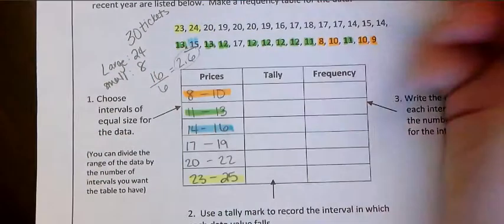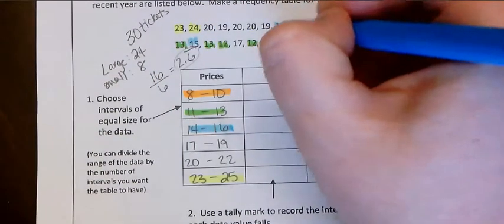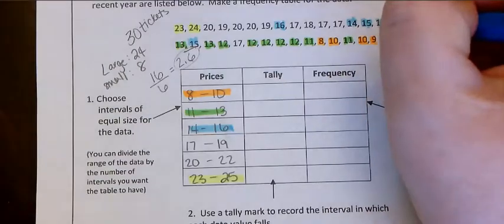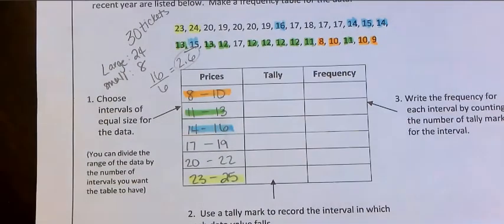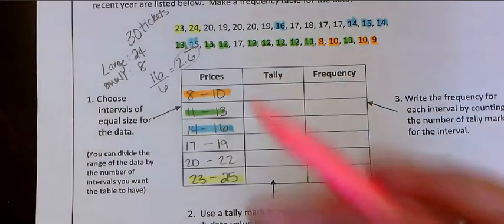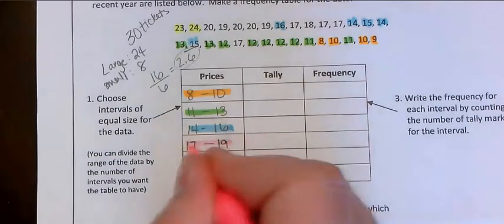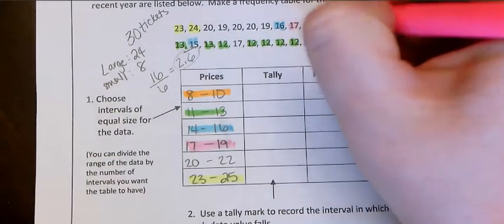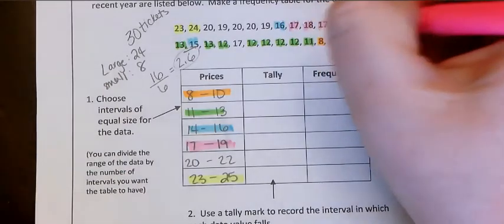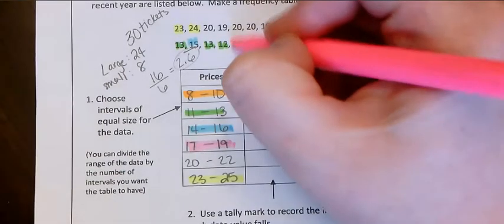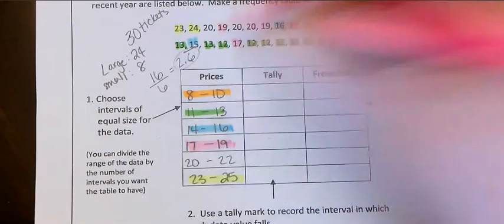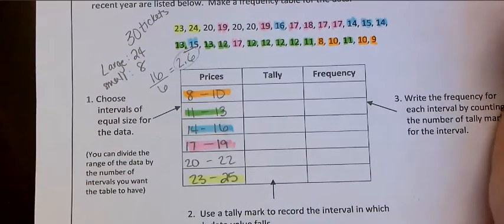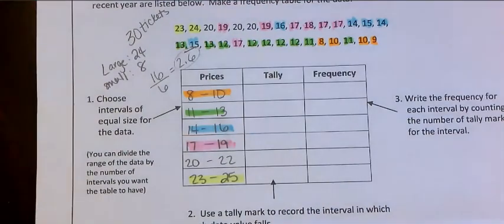There's a 15, there's a 16, there's a 14, there's a 15, there's a 14. Let's go 17 through 19. I'm going to do that as pink. 17, 18, 17, 17, 17, 19, 19, and then last but not least, 20 through 22.